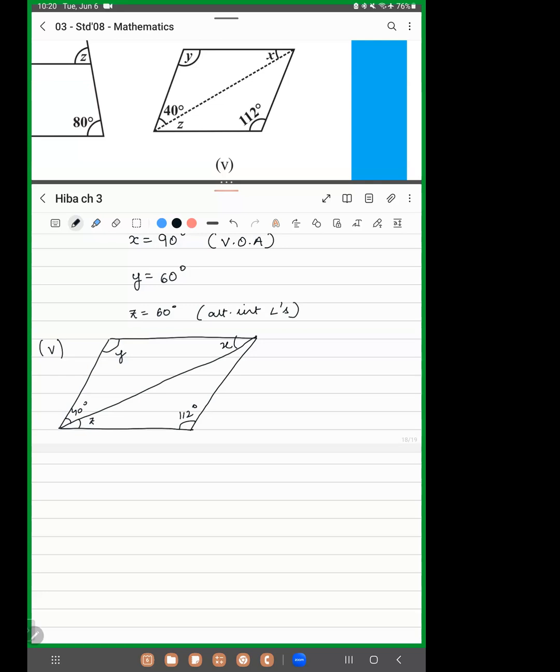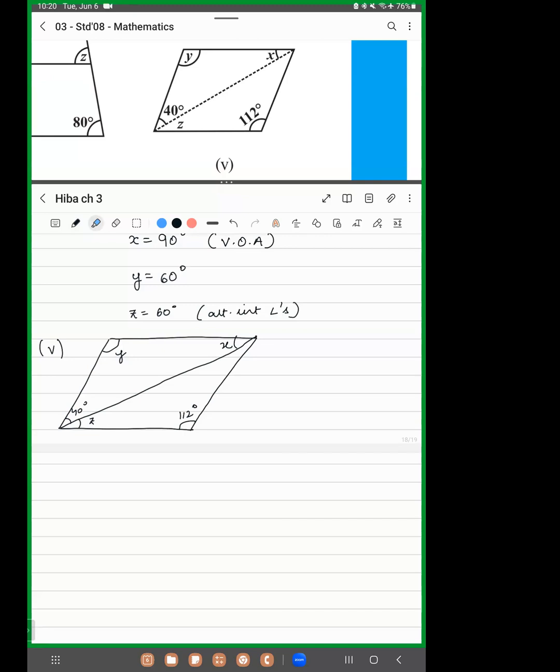Now यहाँ पे दो तो आपको ऐसे ही पता चल जाएंगे दो एंगल्स. I mean, we can say that y is equal to 112 and 40 is equal to x. But no, you cannot say that 40 is equal to x. How is 40 equal to x?